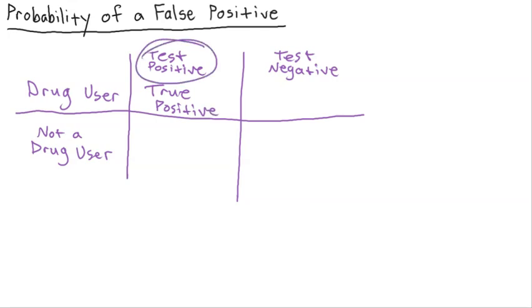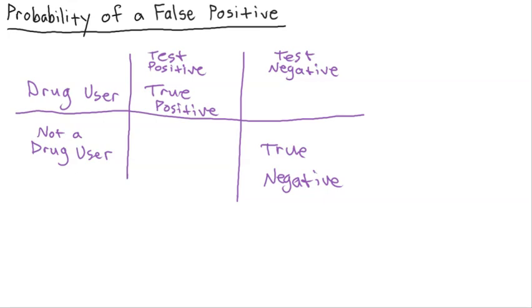It tested that the person was a drug user and the person actually is a drug user. Then we have not a drug user and testing negative. When the drug test says that this person is not a drug user and they actually are not, that's called a true negative. And hopefully this is what we get.